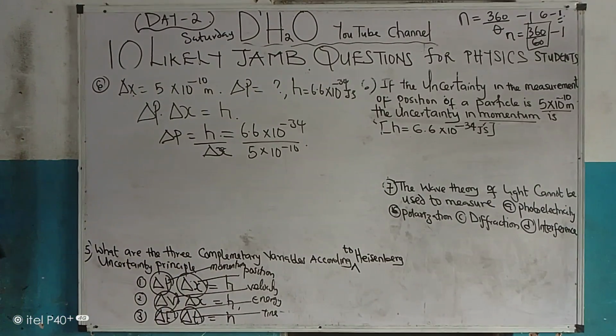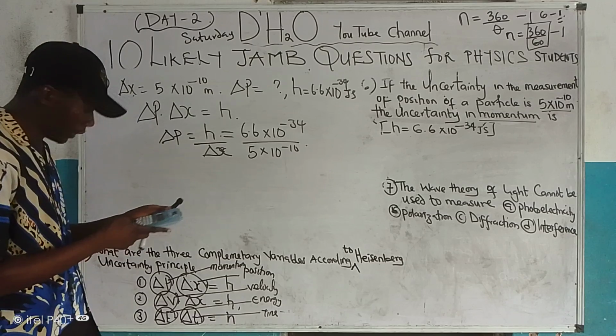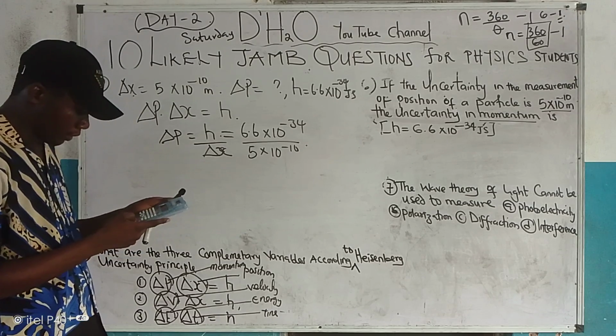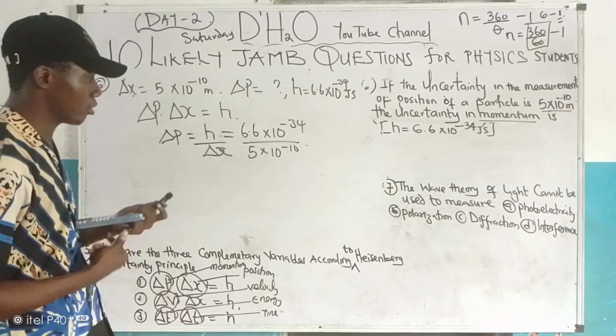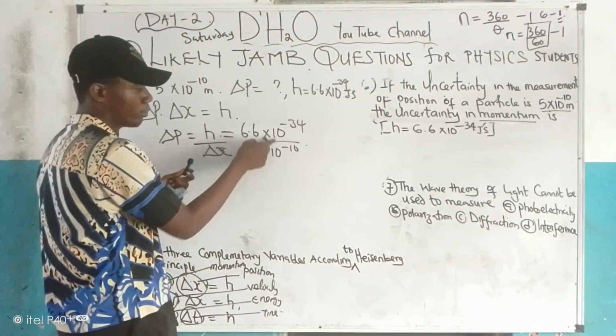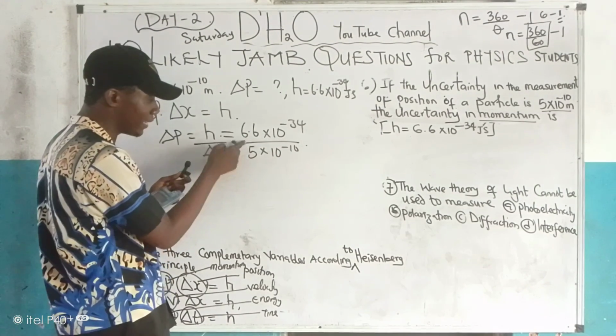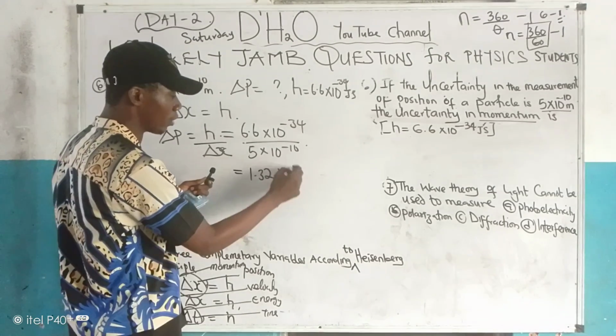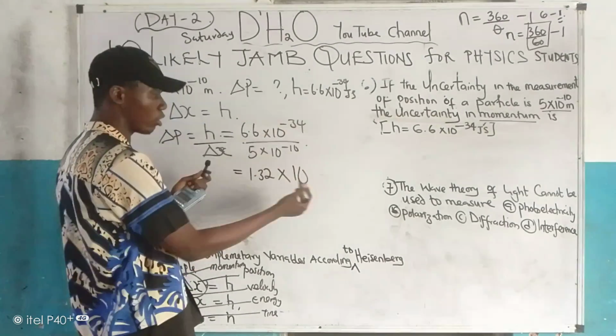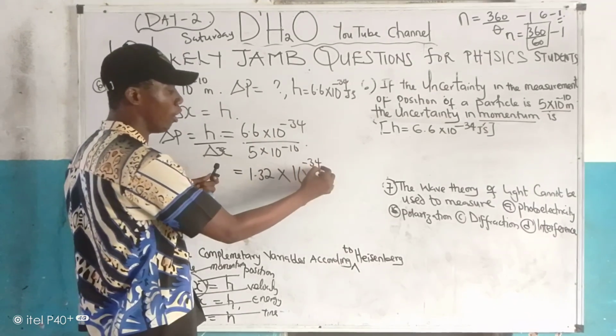Okay, now we are going to do 6.6 divided by 5. First of all, remember your JAMB calculator, you can't press this exponential value, so you divide these two first. That will give us 1.32. Then you take the 10, you minus the power, so you have minus 34.